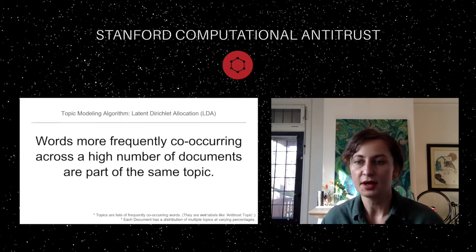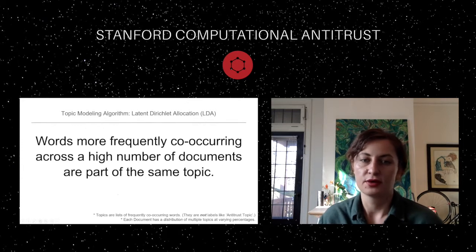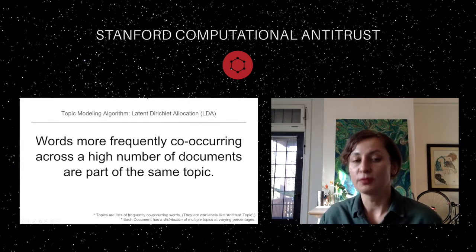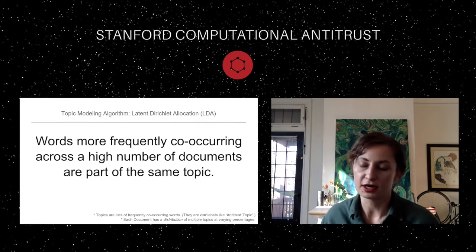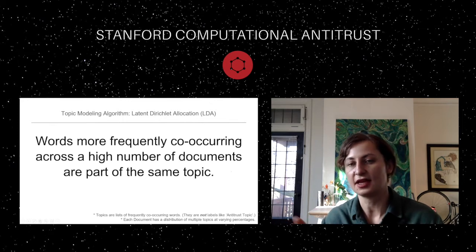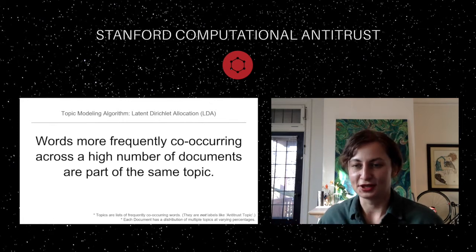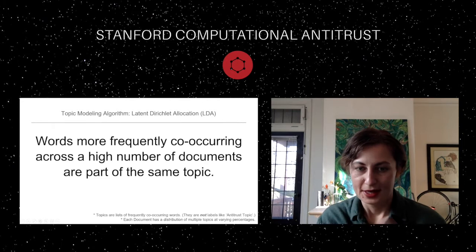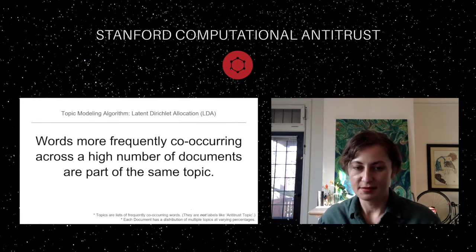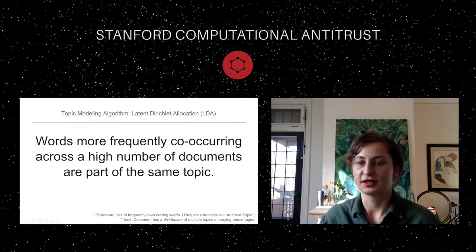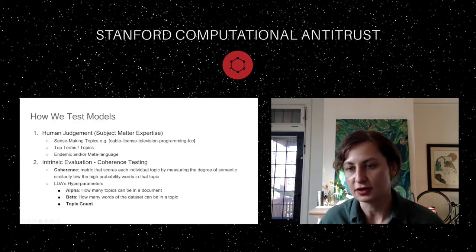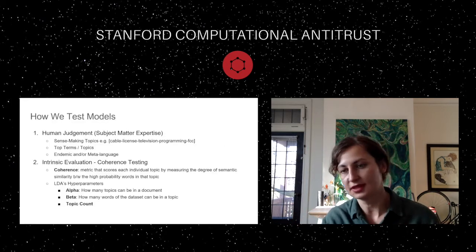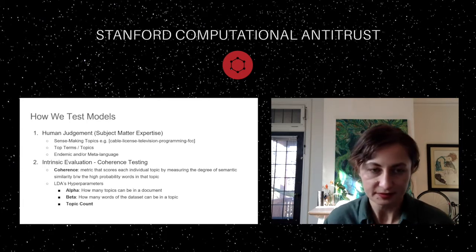Essentially we're assuming that words more frequently co-occurring across a higher number of documents in your data set are part of the same topic. With that in mind, you have to keep in mind that topics are a list of words and not labels, and that each document has a distribution of those topics. So it's not one topic in one document.